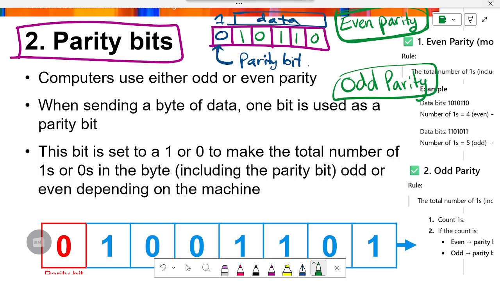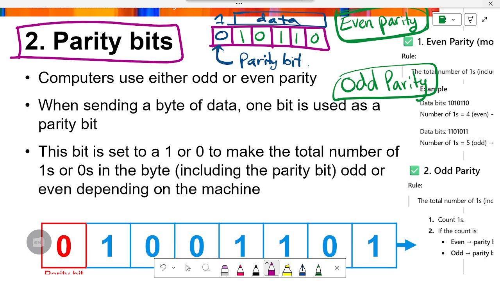Do you know what even means? What does even mean, Yuna? Tell me an even number. In math, tell me any even number. Please, anything. 2. Right.